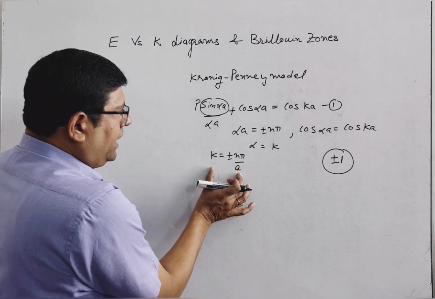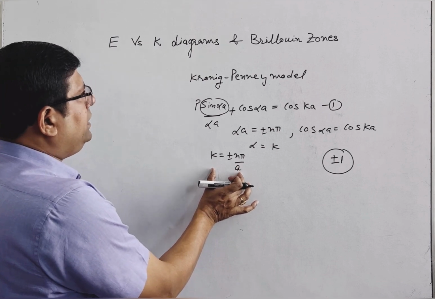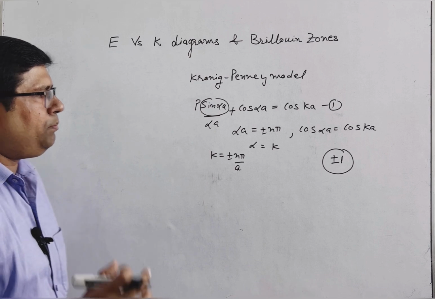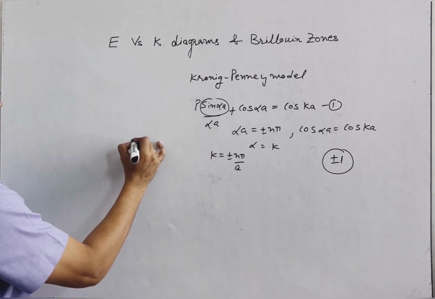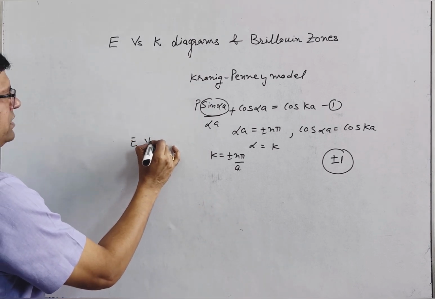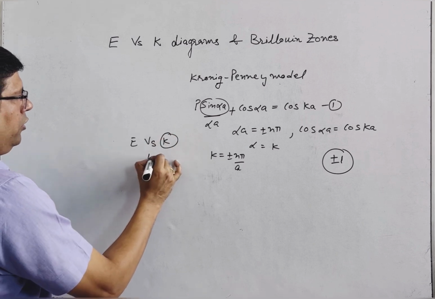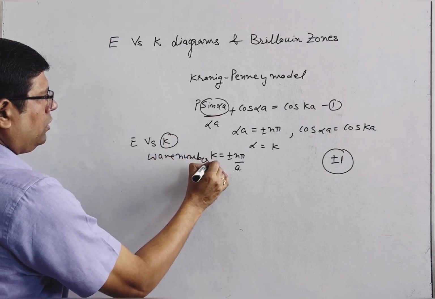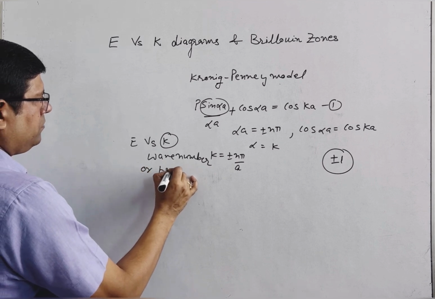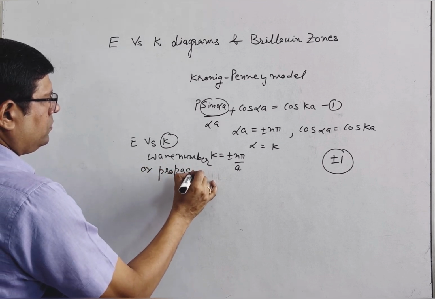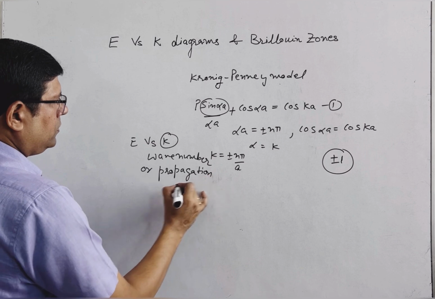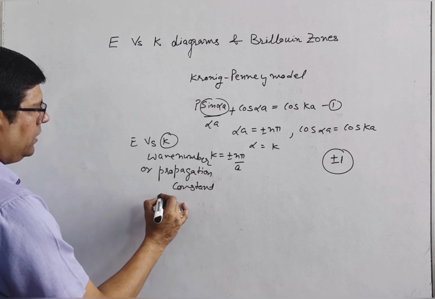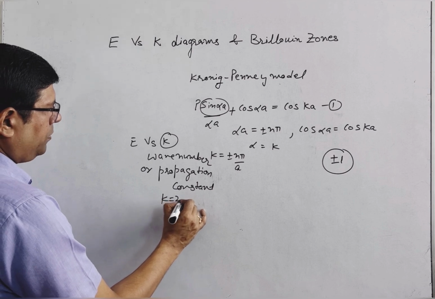So this K gives the discontinuity in the E versus K diagram. If we plot energy values versus K, the wave number or propagation constant, its value is also K = 2π/λ.